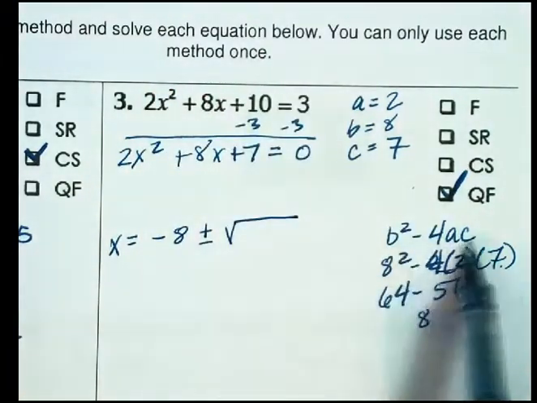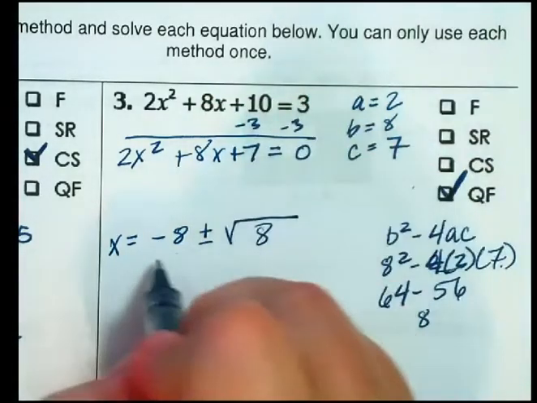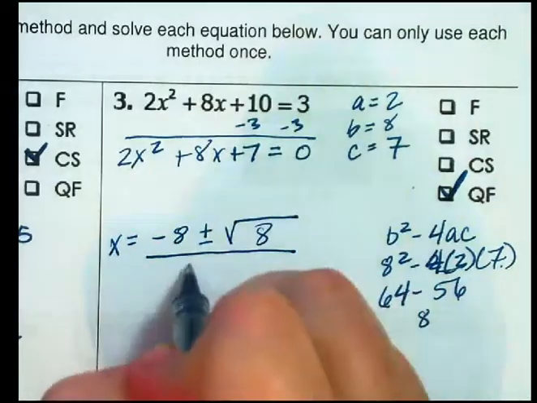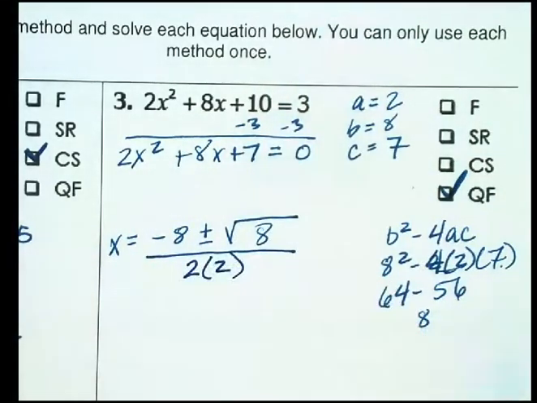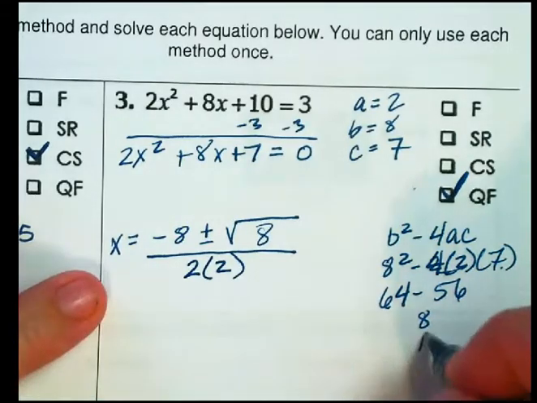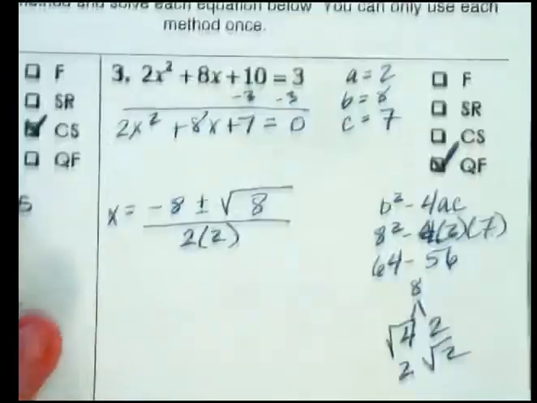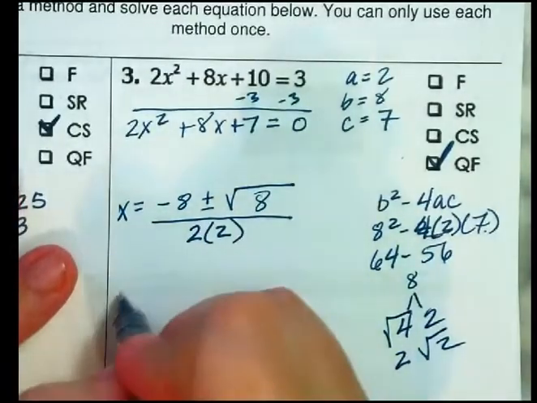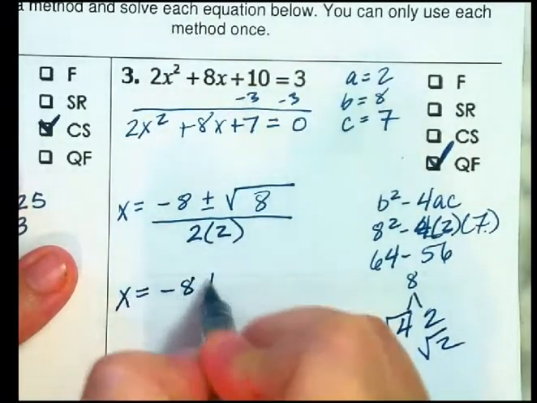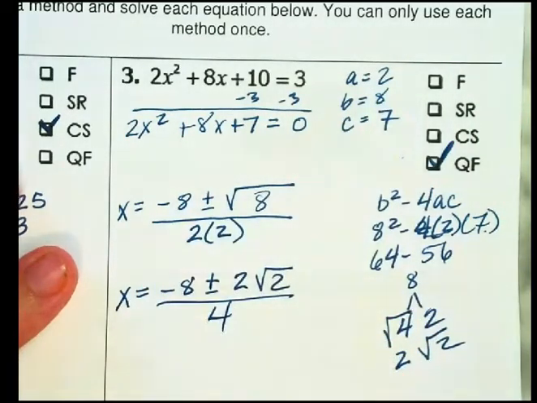Well, b squared minus 4ac, we've already done that work right here, so it's just 8. All divided by 2a. Okay. Let me go ahead and just do some work to factor 8 over here. It's going to end up being 2 square roots of 2. Okay. And so I have x equals negative 8 plus or minus 2 square roots of 2 over 4.